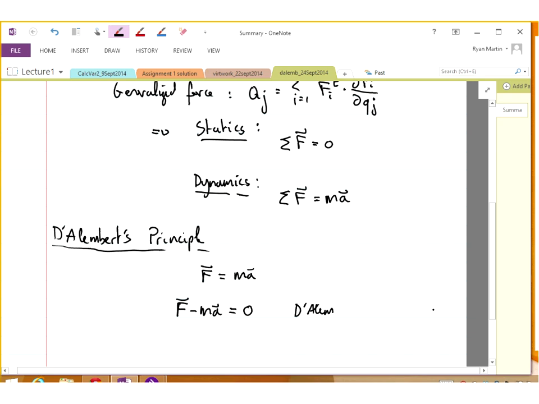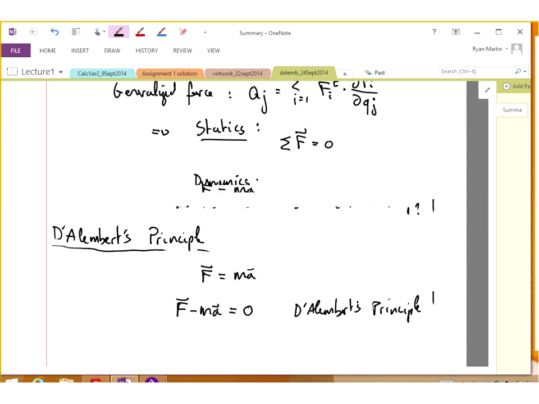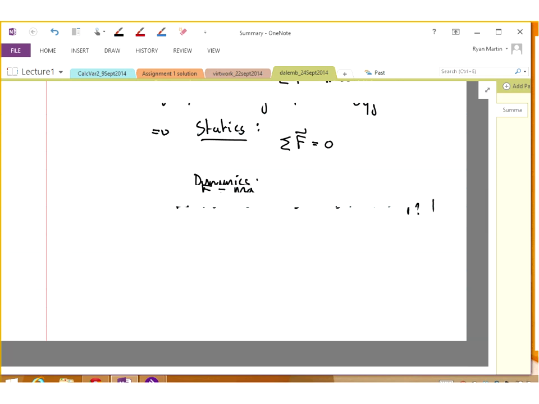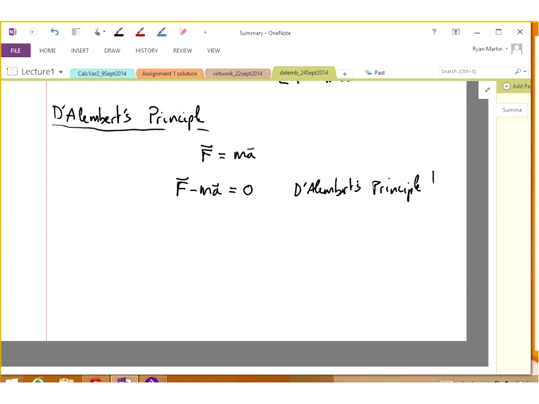So it doesn't sound that clever to rearrange Newton's second law, give it a new name, and claim that it's a genius way of doing mechanics. So let's look at it a little bit more. Let's introduce a new vector I, arbitrarily I, which I'm going to set equal to minus ma.